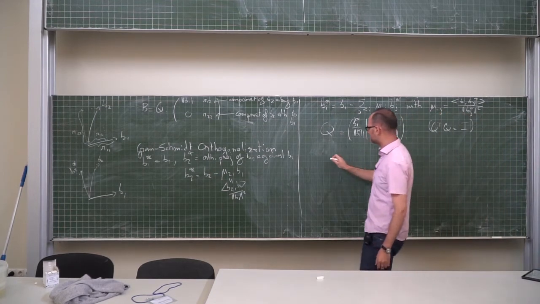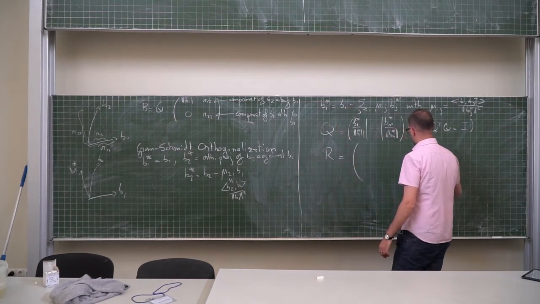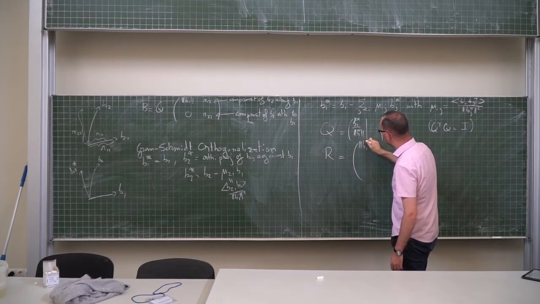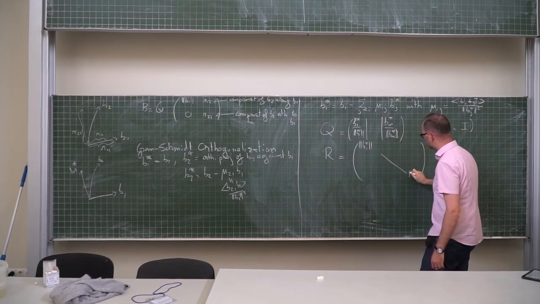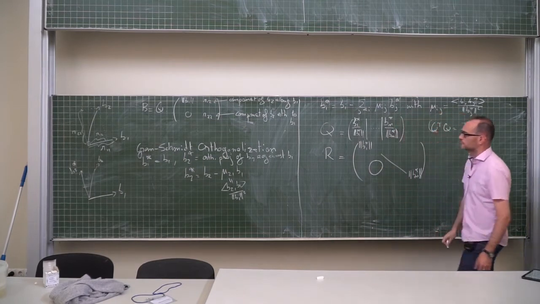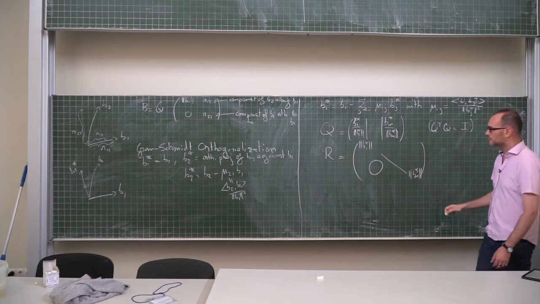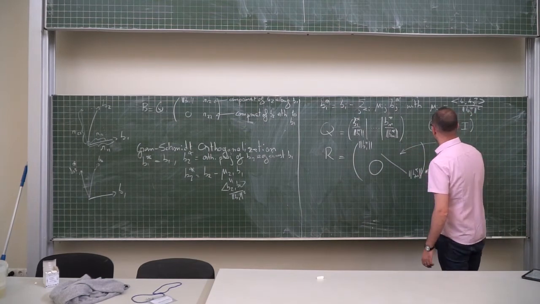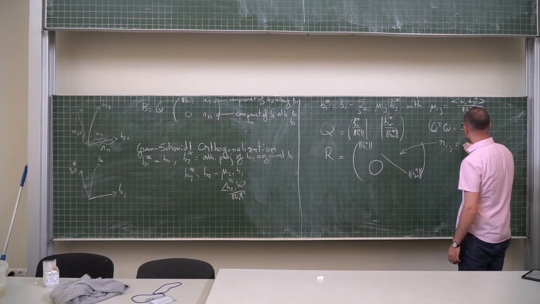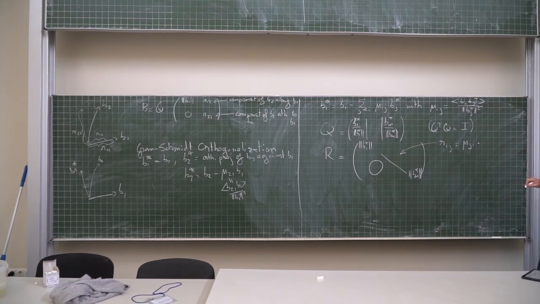And R would be of the following form. So on the diagonal, you have the Bi stars' norms. Okay, and above the diagonal, you have something related to the mu ij's. So you have R ij is equal to mu ji, and then you need to renormalize so that it makes sense.